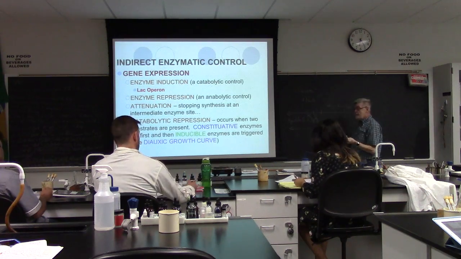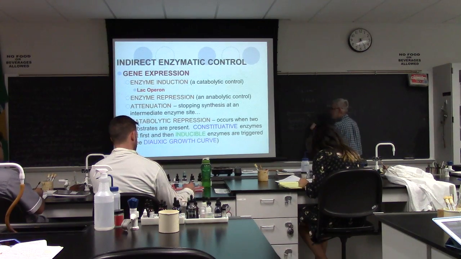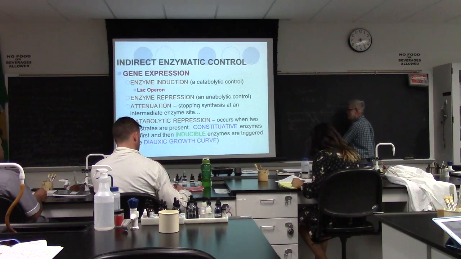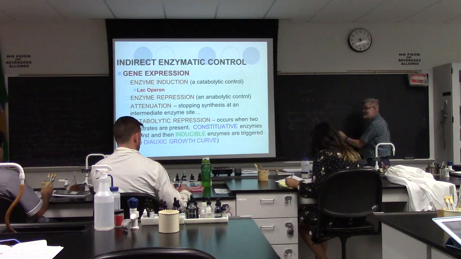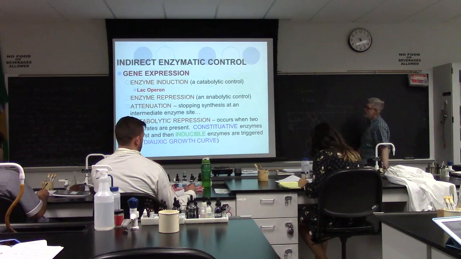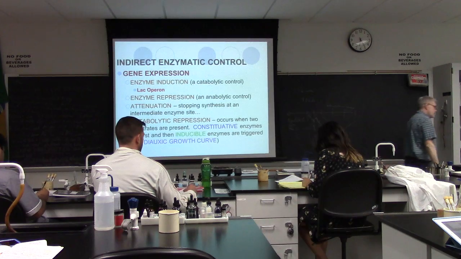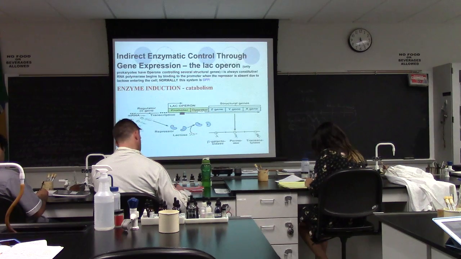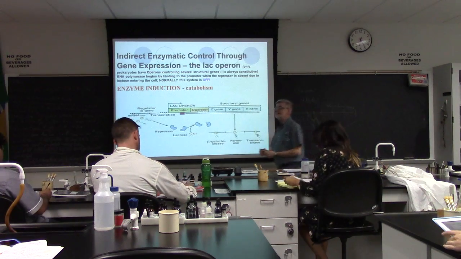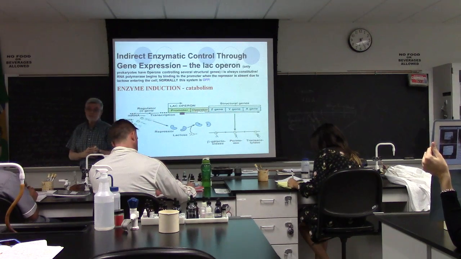So, the operon's genes are the regulator gene, promoter gene, and operator gene, followed by the ones that actually make the enzyme, the structural genes. So, this is how we're going to start. So let's look at this one, and remember what we're talking about. This was discovered in E. coli. E. coli doesn't digest lactose very often because it never comes across it.